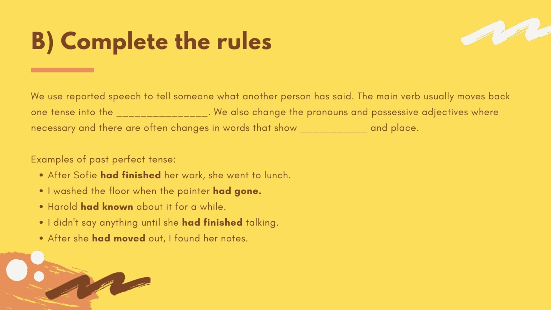Okay? Possessive adjectives are words that describe who something belongs to, such as theirs, ours, his or hers. Okay, so the answer for this blank is actually the word time, that show time and place, just like in the previous one, where instead of saying last week, we change it to the week before.